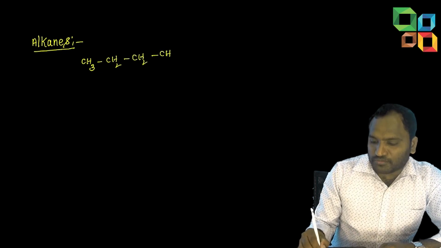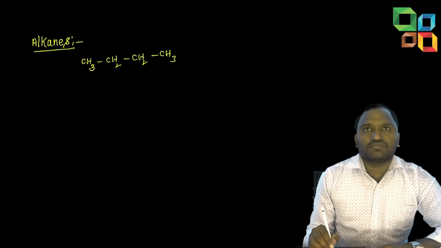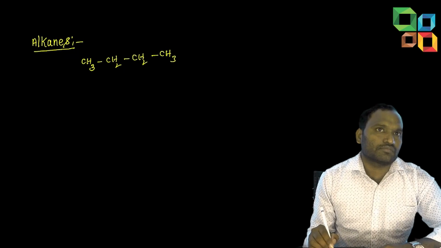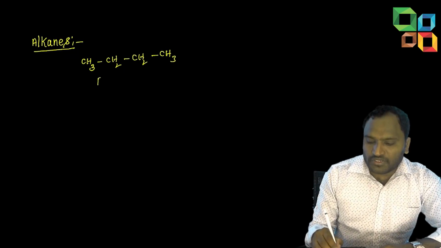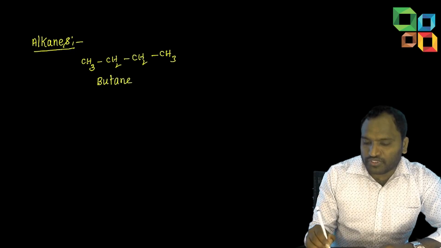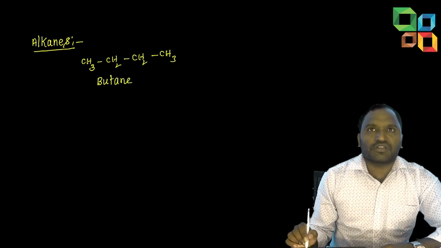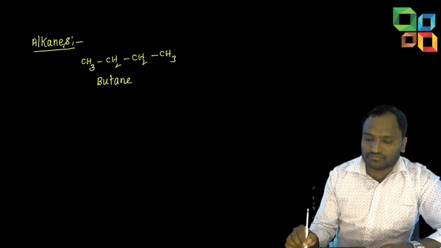What is the name of this compound, students? Butane. Very good. How many carbon atoms are there? 4. But. All are single bonds only. Butane. All carbon atoms are connected with single bond.